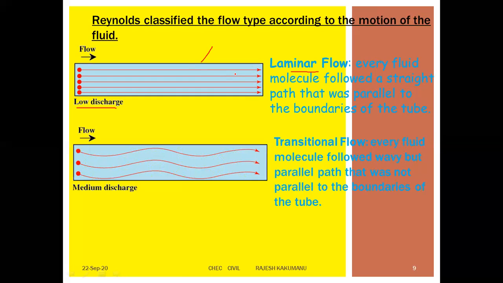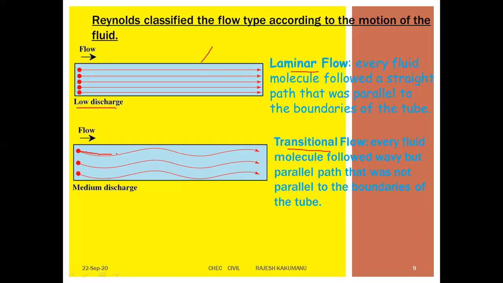Whenever the molecules are going in a wavy nature, we are calling them transition flow. Every fluid molecule followed a wavy but parallel path that was not parallel to the boundaries of the tube.